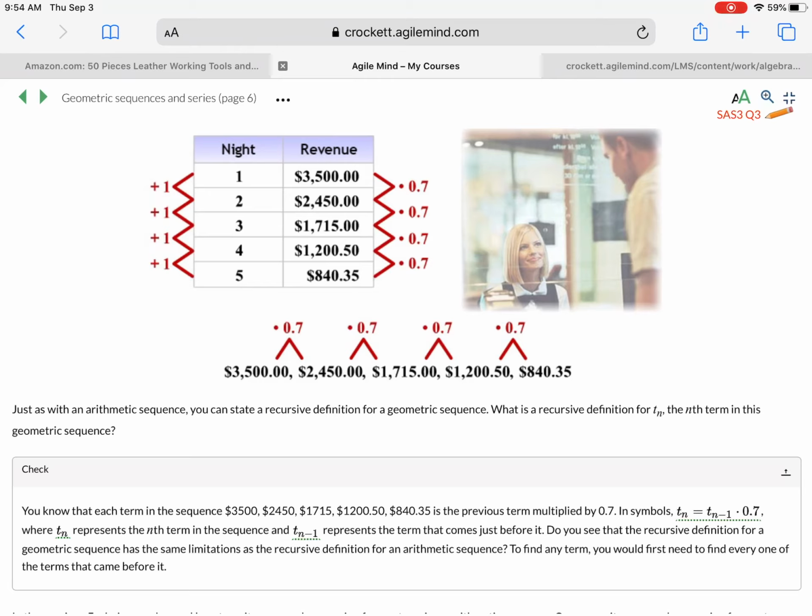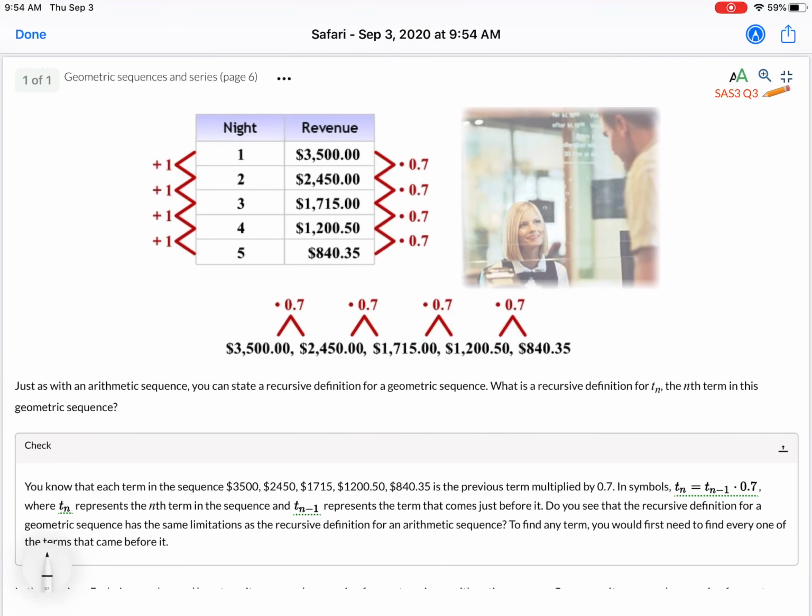So on number 3, it says, write a recursive definition for the revenue from the performances. So what you're writing is this right here.